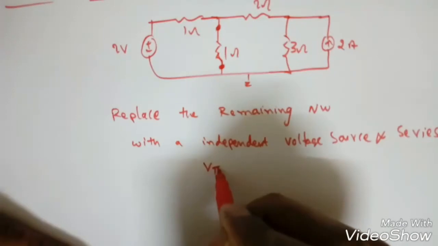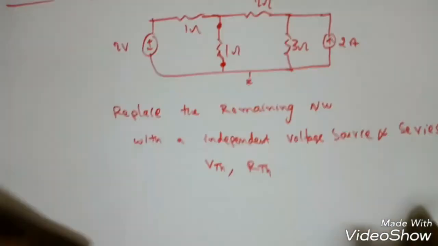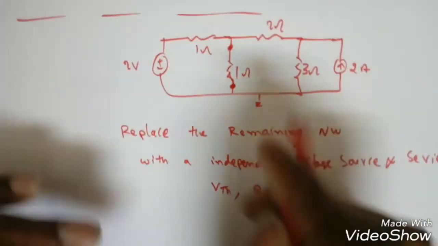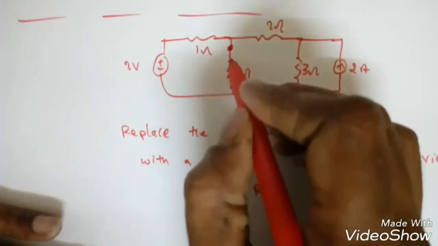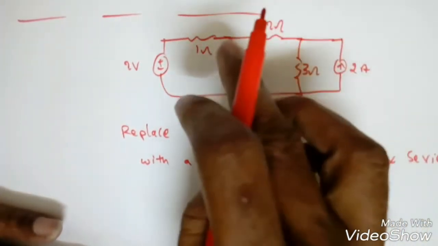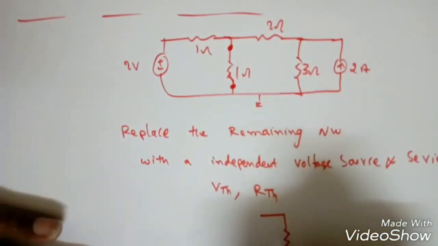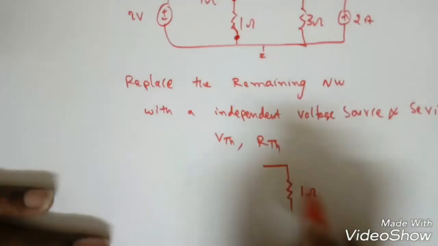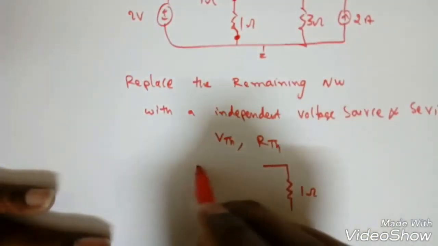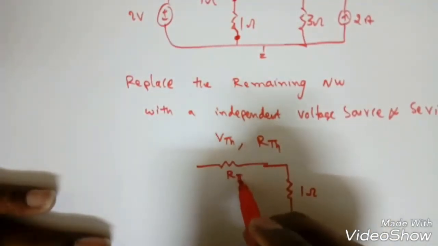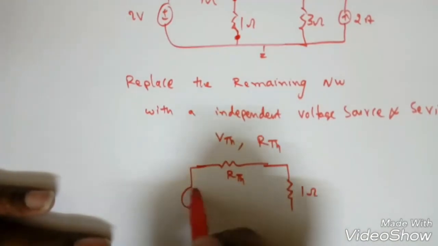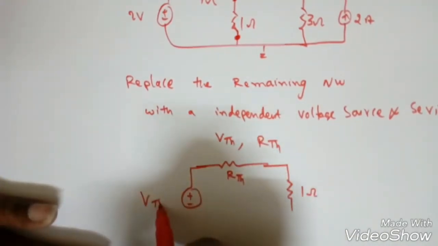So that is VTH and RTH. So wherever we need to find the response at that particular, so it is considered as simply load, and this should be same, that is 1 ohm, and the remaining circuit should be replaced by a series resistance which is RTH and a voltage, independent voltage source VTH.